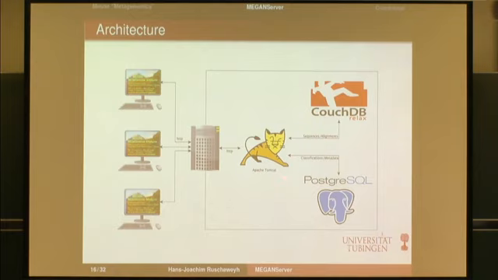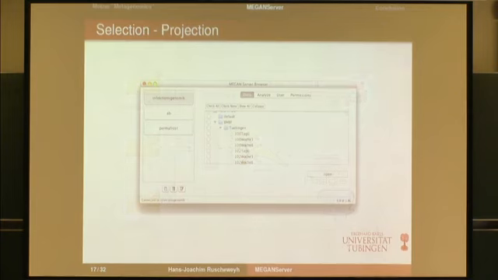So it's a Java program, and we put all the sequence alignments into a big CouchDB, and all the classifications and the metadata we just dump into a Postgres database, and every time somebody wants something from MEGAN, your user data is checked, and then you just get the classifications and have a look, and selectively it will work very fast.